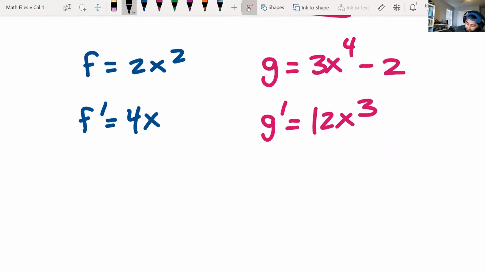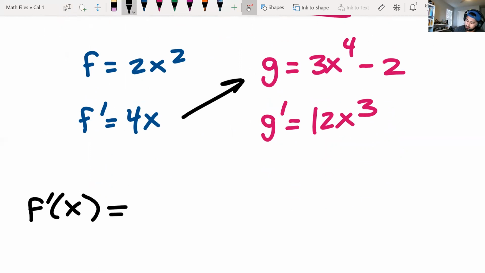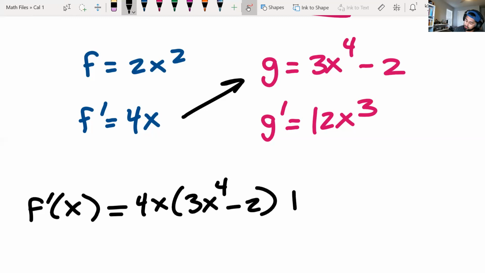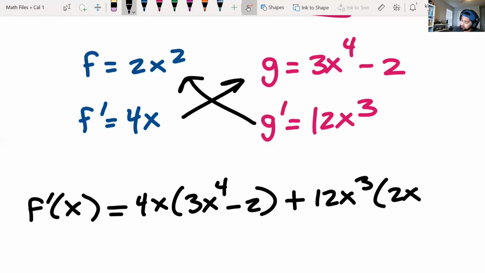We're taking the derivative of f of x. So we start with f prime of x, and we go f prime g: 4x times 3x to the 4th minus 2, plus g prime f: 12x cubed times 2x squared. Okay, and once again, derivative's done, product rule's done, calculus is done, algebra from here on out.